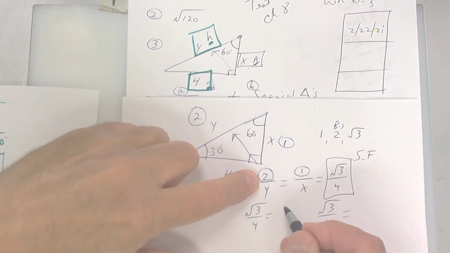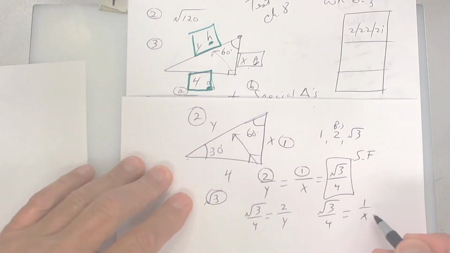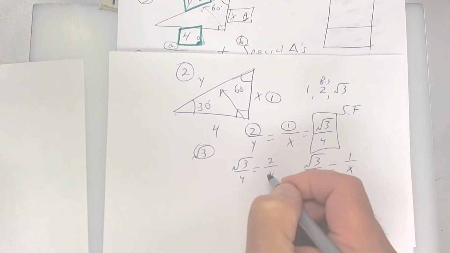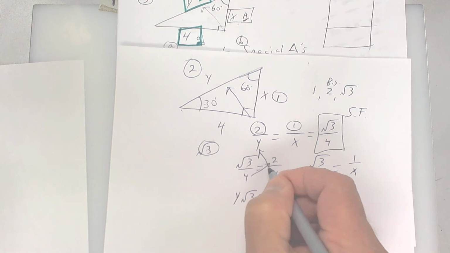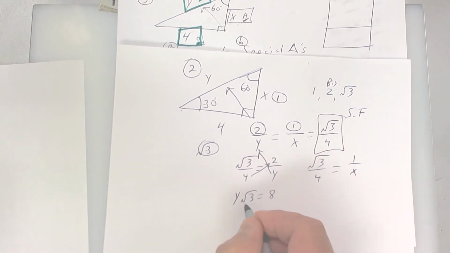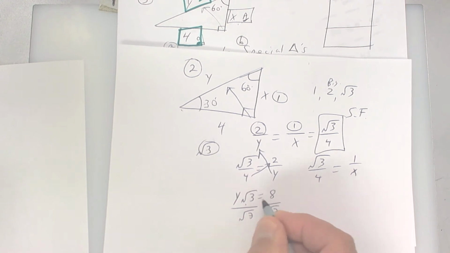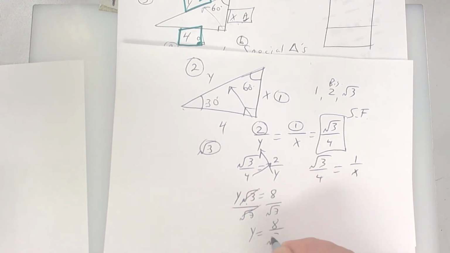You want to put 2 over y for one of them and 1 over x for the other one, okay? So again, we're doing this 2 different ways. So you're going to get y times the square root of 3 is equal to 8. 4 times 2. You're going to divide by the square root of 3. So you're going to get y equals 8 over the square root of 3.